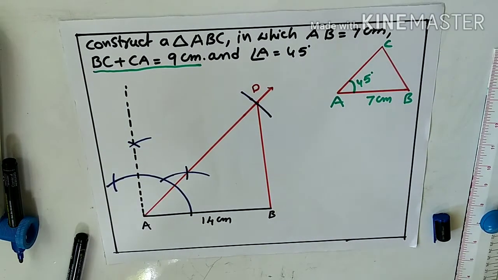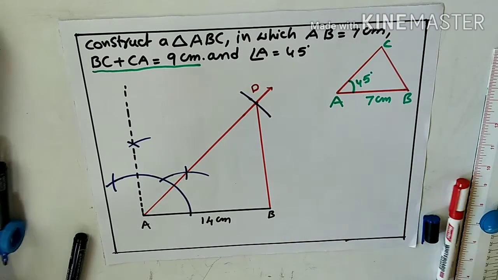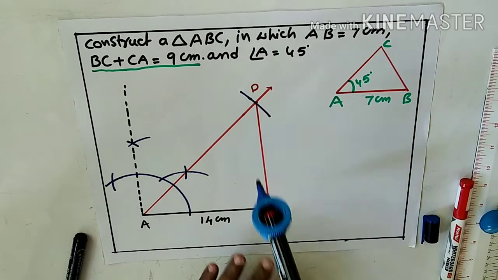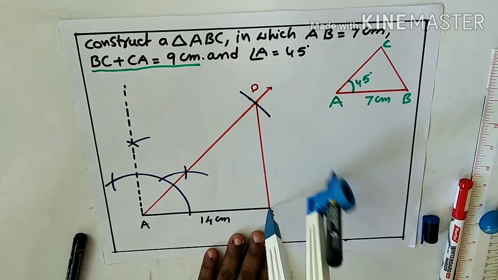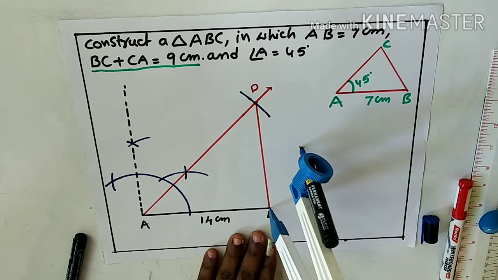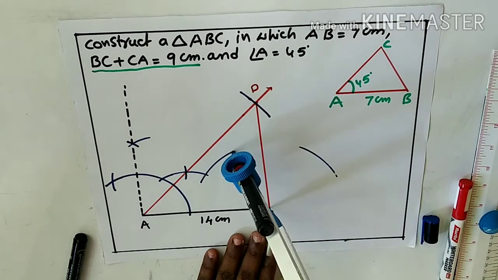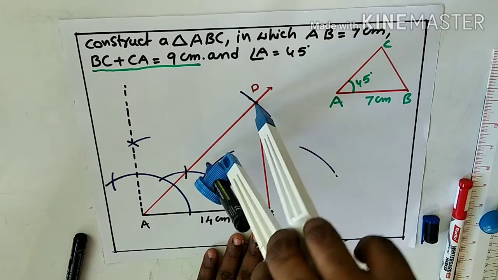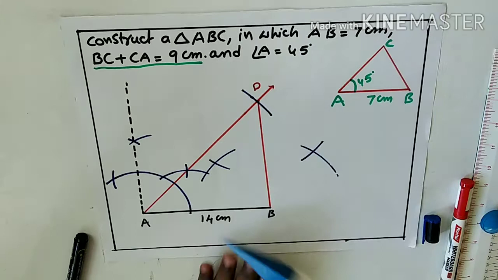Now we got a triangle ABD. So draw the perpendicular bisector of BD. You know how to draw a perpendicular bisector, right? You should take more than half. For this, one arc on this side and one arc inside. From the point D, cut this arc and this arc.